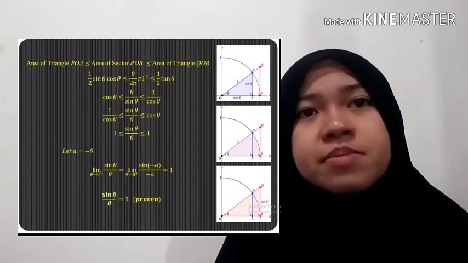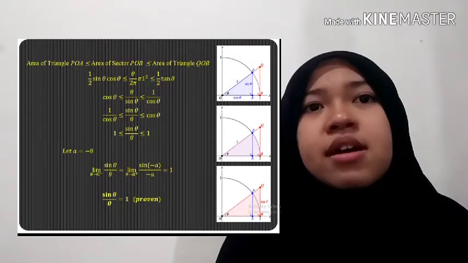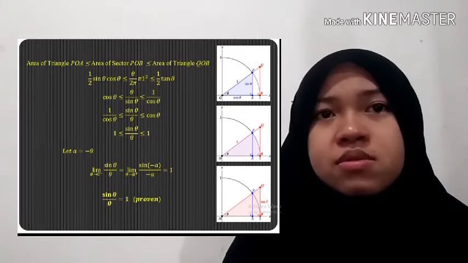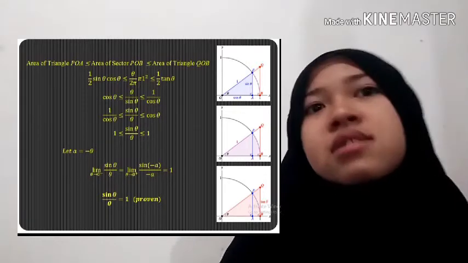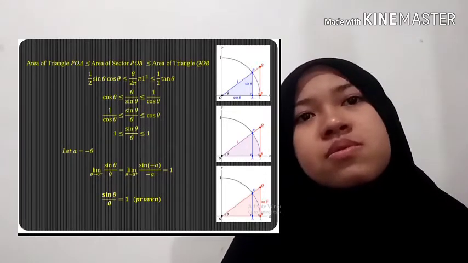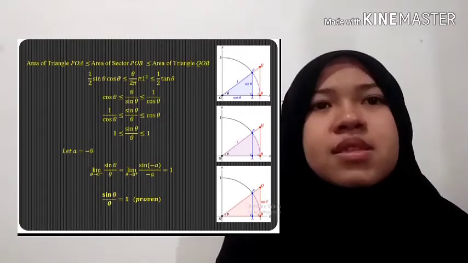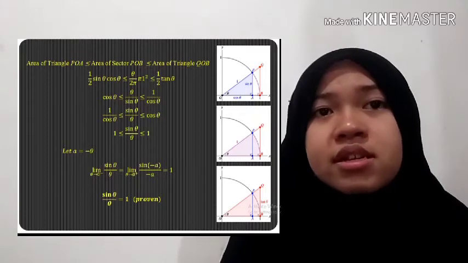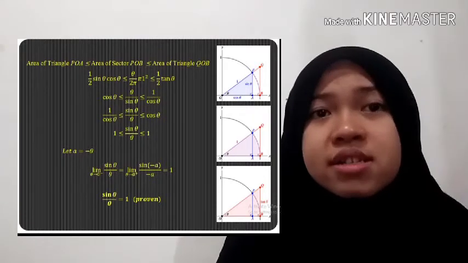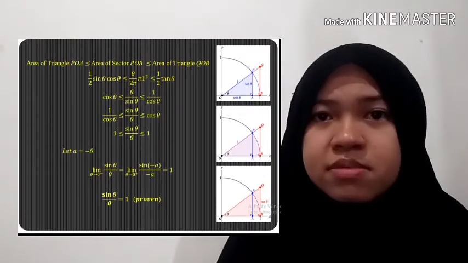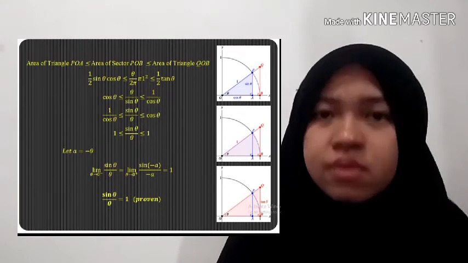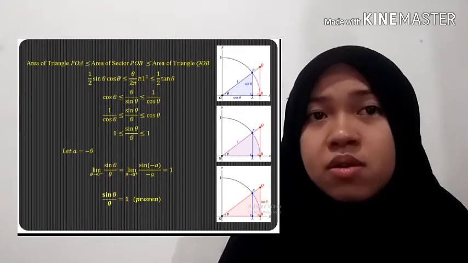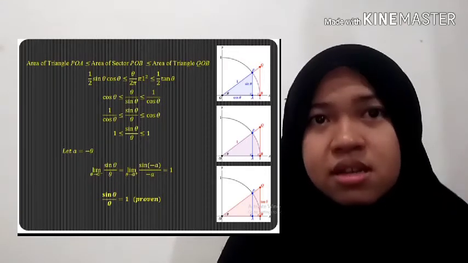If we write its reciprocal, we get 1 over cosine theta is greater than or equal to sine theta over theta, which is greater than or equal to cosine theta. Because theta is approximately equal to 0, cosine theta is approximately equal to 1, so 1 over cosine theta is approximately equal to 1.